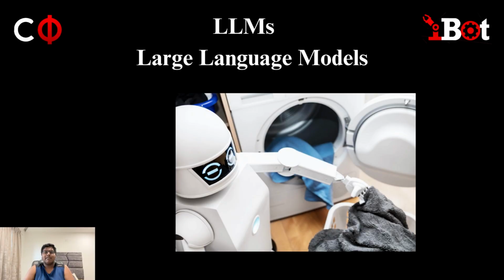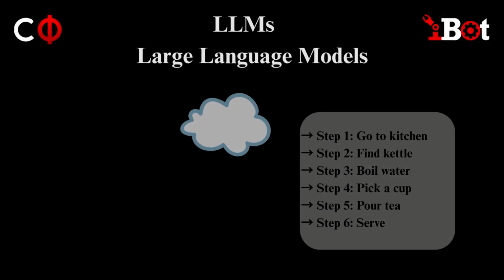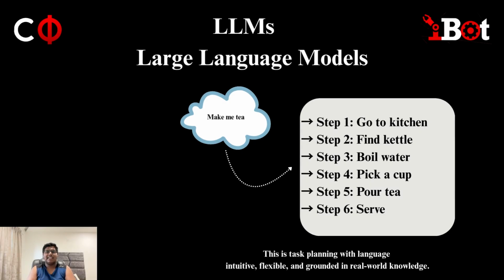What makes them truly powerful is their generalization. They don't need to learn plans during training. Instead, they can perform zero shot or few shot reasoning using in-context examples just by prompting. With the right instructions, they can generate step by step action plans, infer goals, and even reason through complex tasks, all without additional training.